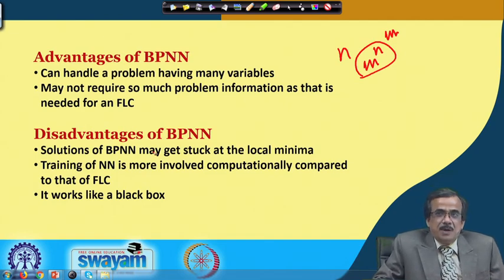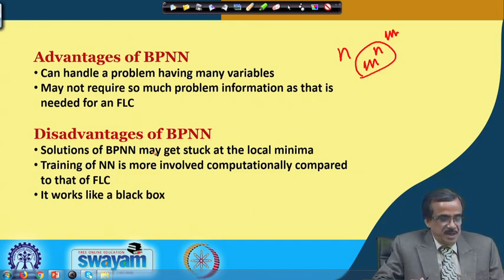Now, if you see the computational complexity, the training complexity of the multi-layered feed forward network is more compared to that of the fuzzy reasoning tool. So, the training of a neural network is computationally more complex compared to that of the fuzzy reasoning tool.